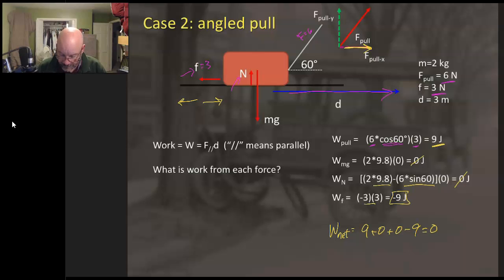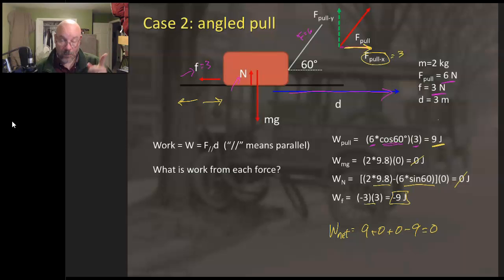Now it would not be a surprise to figure out that when we look at this x component of our pulling force, guess what? That turns out to be 3. And so if we're pulling 3 one way and 3 the other way, then it's in equilibrium. So it isn't going to speed up or slow down. So that works out just fine.